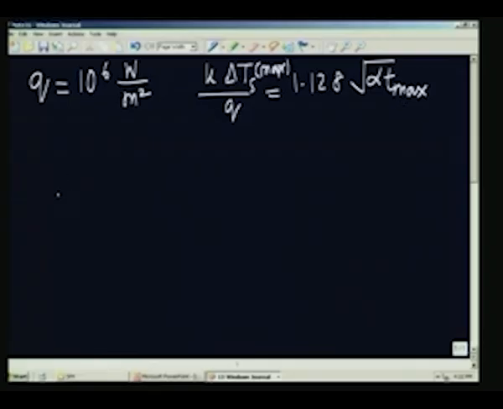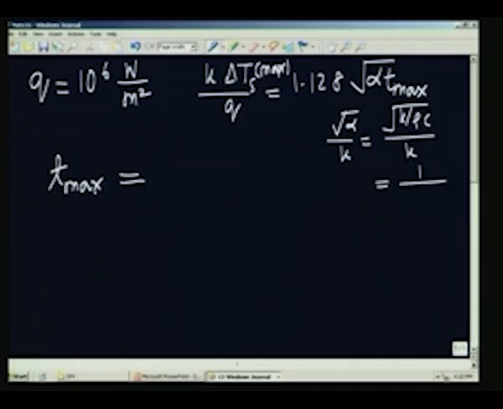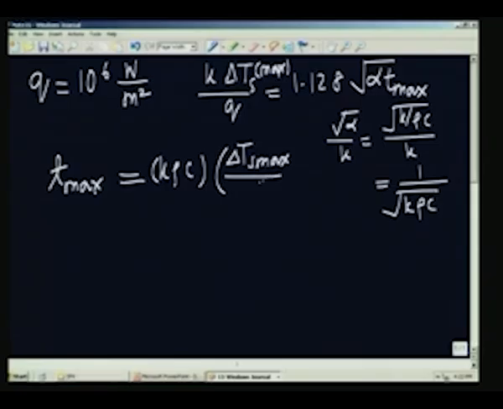So, I can write t max. You have the square root of alpha divided by K. Square root of alpha by K is nothing but square root of K by rho C, where rho is the density here, divided by K. This is nothing but 1 over square root of K rho C. That is the reason why in the table we gave the product of these three quantities. So, t max is equal to K rho C multiplied by delta T s max divided by 1.128 Q, whole squared.